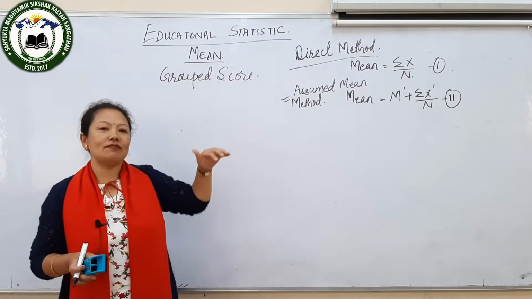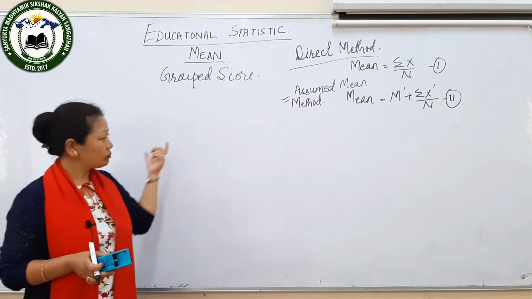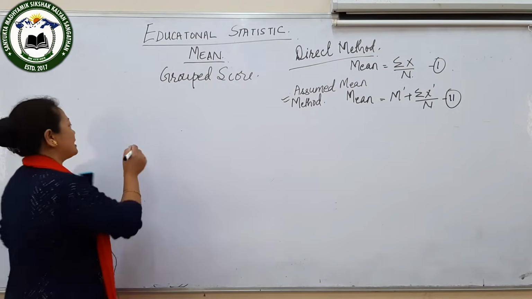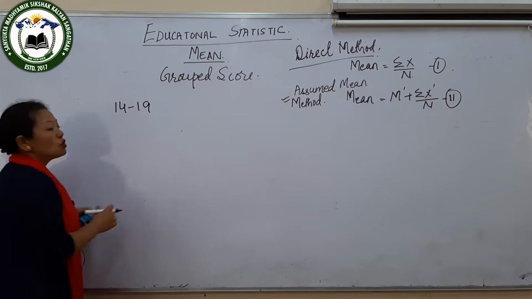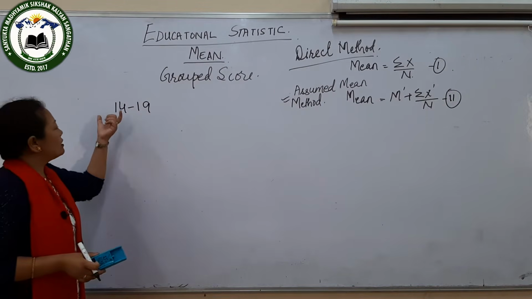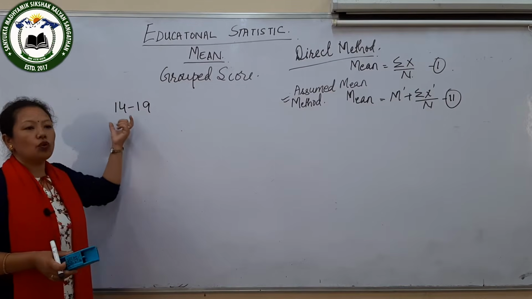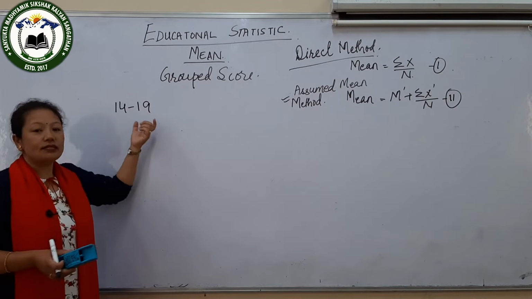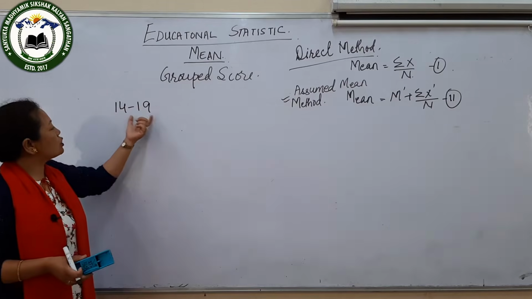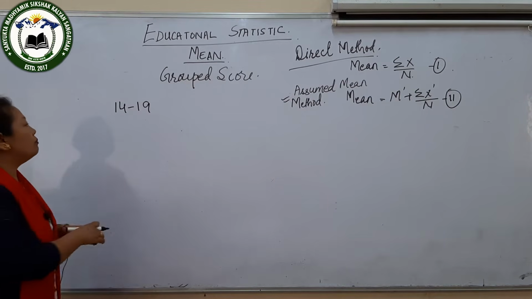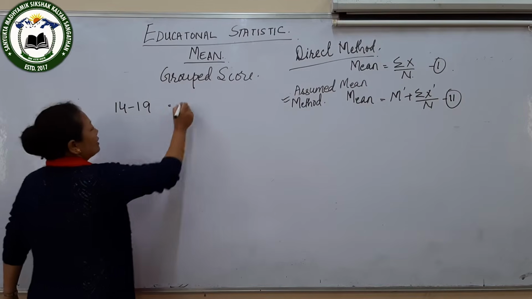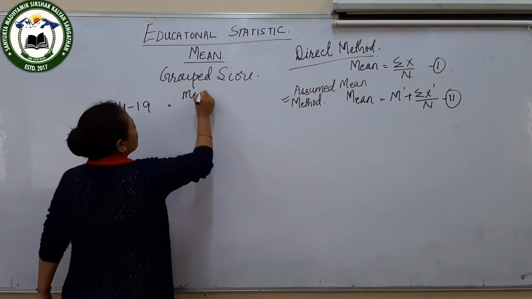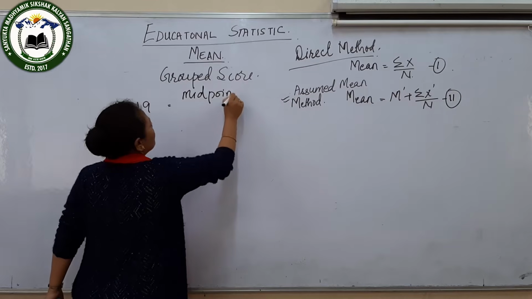Sometimes when you group the scores, for example 14 to 19, individual scores cannot be ascertained. So we take the midpoint of each class.